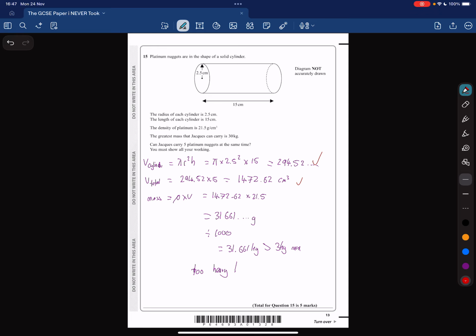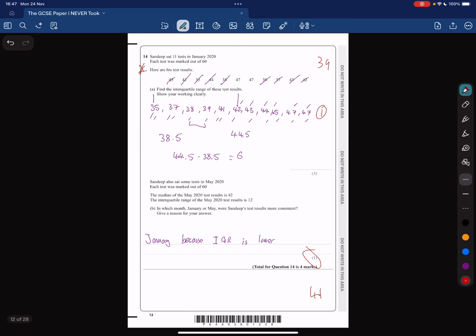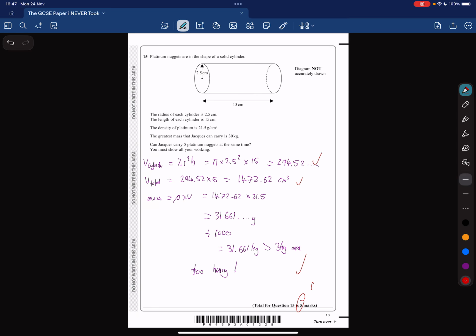I think this is fine, actually. Massive volume. Yeah, this is a fine method because I'm showing how much the 5 weigh, which is too much, and the solution got it a different way. So 41, it's 46.